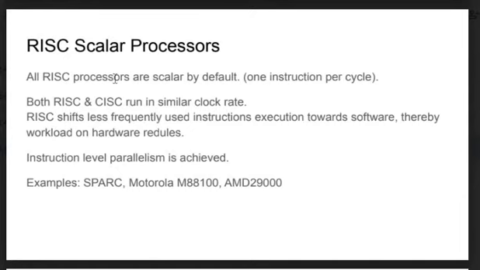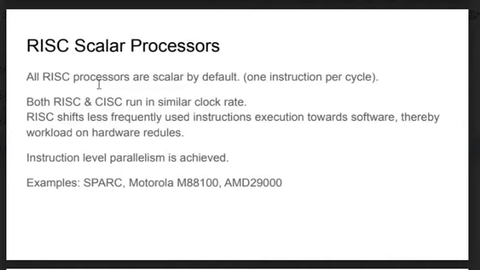Okay, so now I am taking the general points about RISC scalar processors. All RISC processors are scalar by default. But when the technology evolved, they tried to develop vector RISC processors also. A few they achieved, but sometimes the expected performance was not reached.